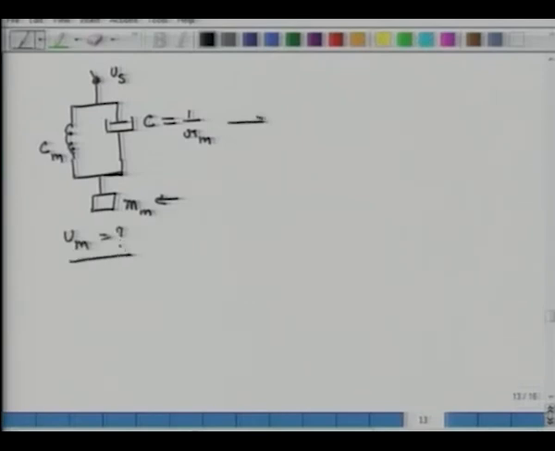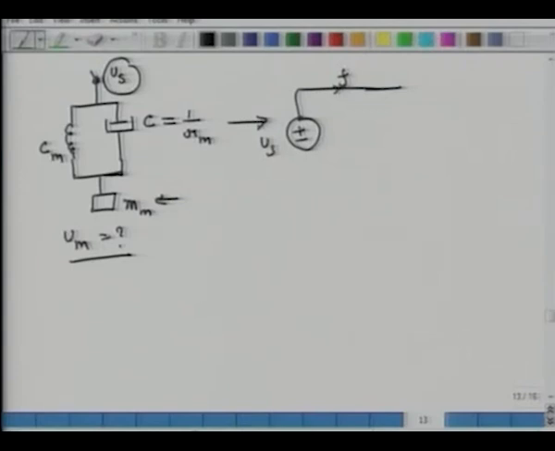So first I draw a circuit, and what I get is, again I have Us here, which translates into a voltage source of strength Us.